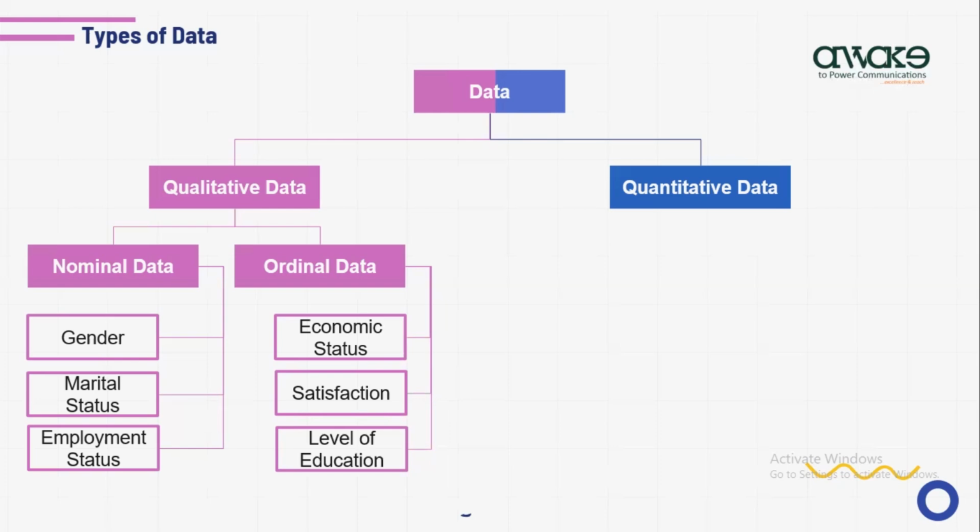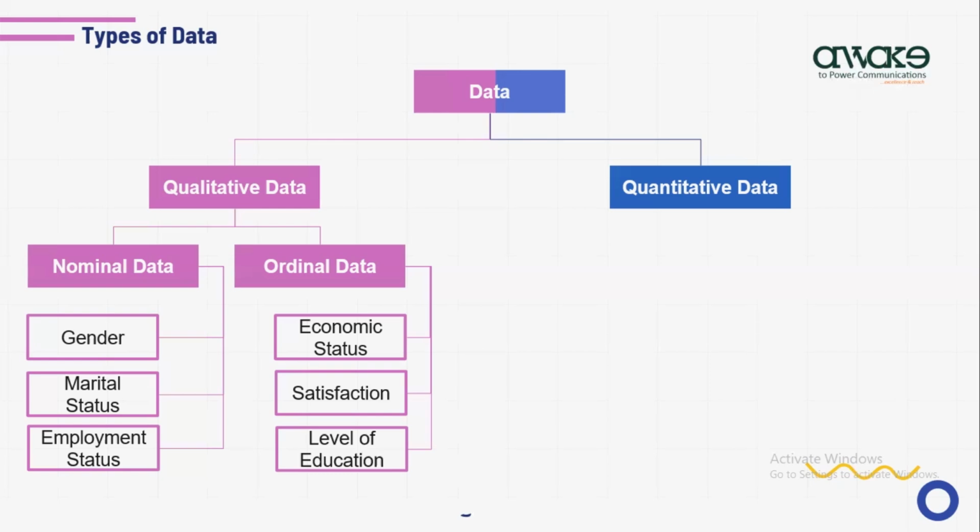Basically they are ordered based on some hierarchical scale. For instance, when you check the economic status of people, you can say this person has low economic status, probably earning less than $1 a day, or mid-economic or high economic. So it's based on hierarchy.